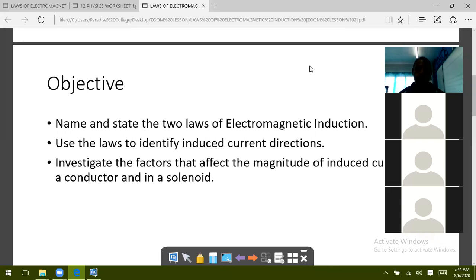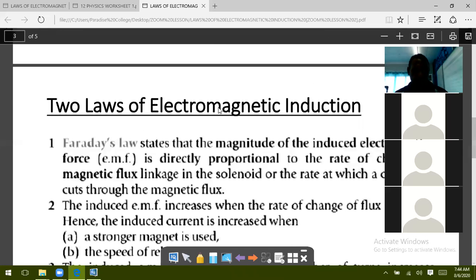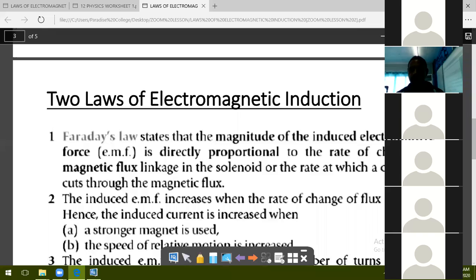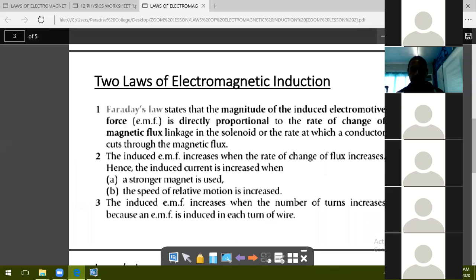The first law is Faraday's law. Faraday's law states that the magnitude of the induced electromotive force, or EMF, is directly proportional to the magnetic flux linkage in a solenoid or the rate at which the conductor cuts through the magnetic field.